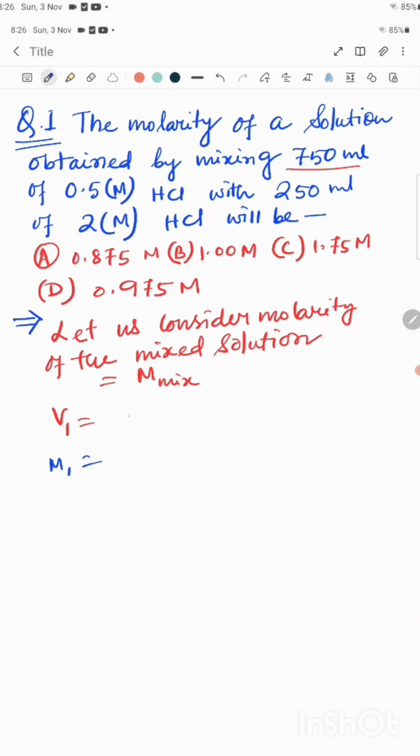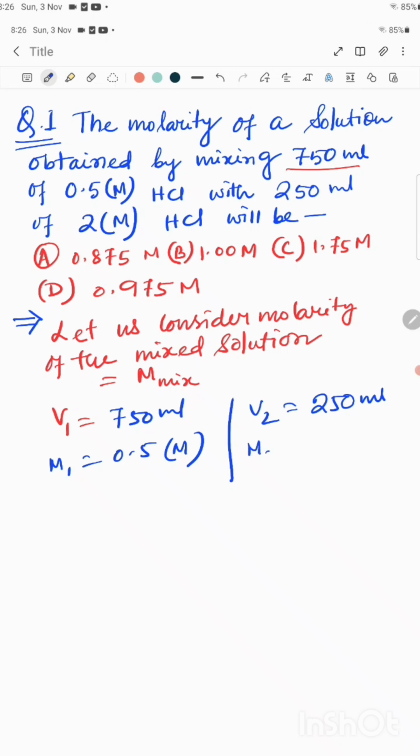So here V1 is 750 ml and M1 is 0.5 molar. And let us consider for the second, V2 is 250 ml and molarity M2 is 2 molar.